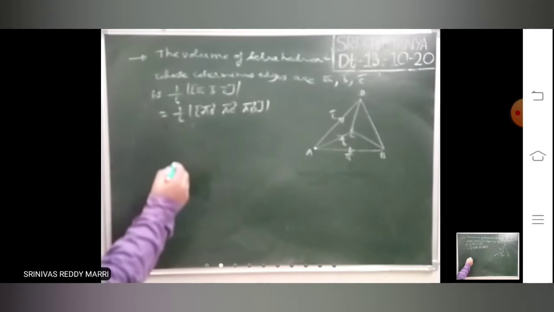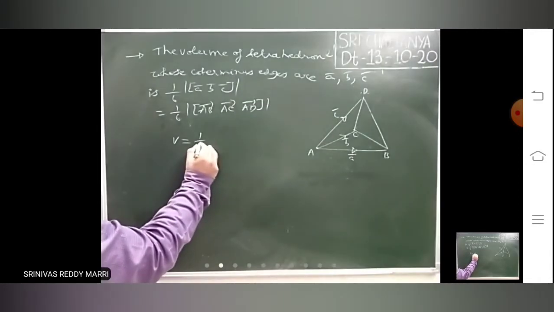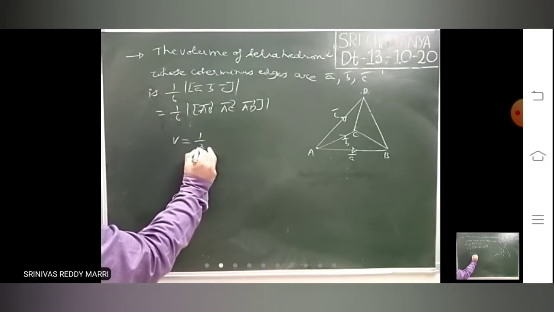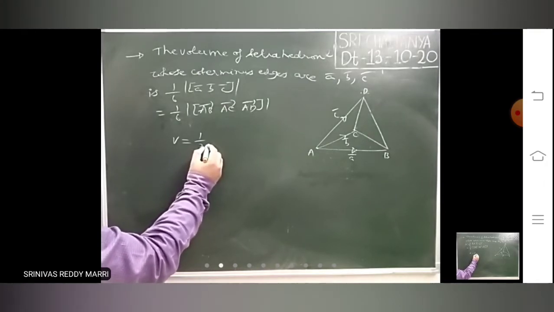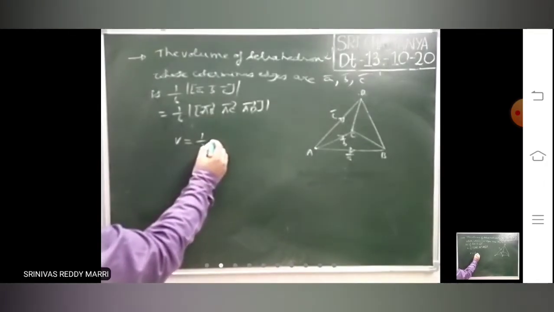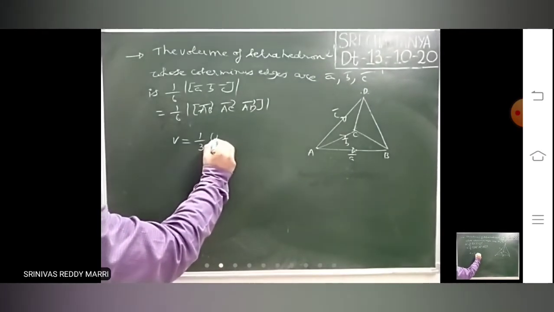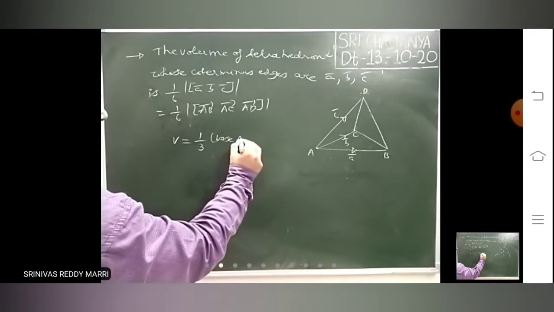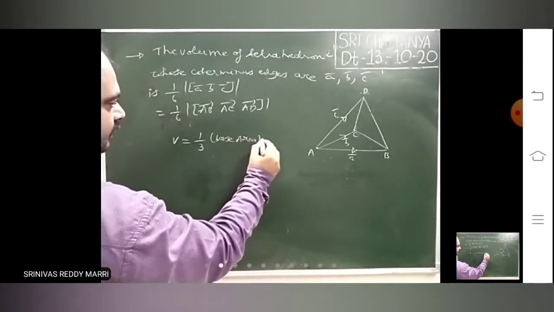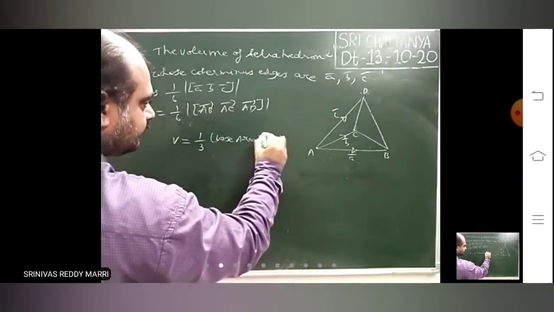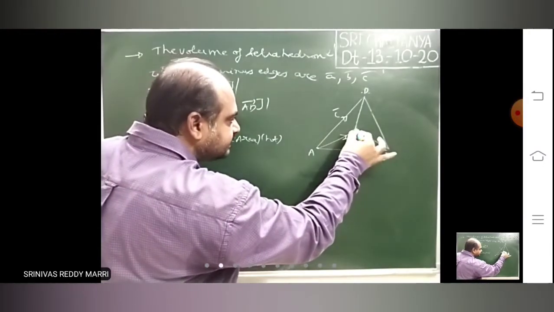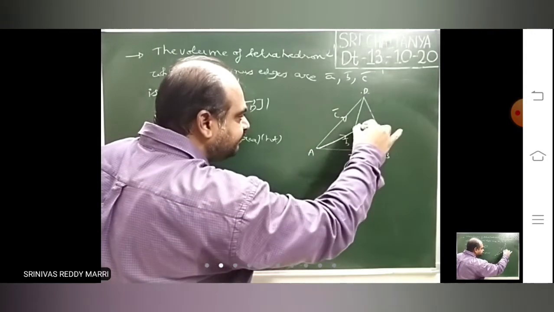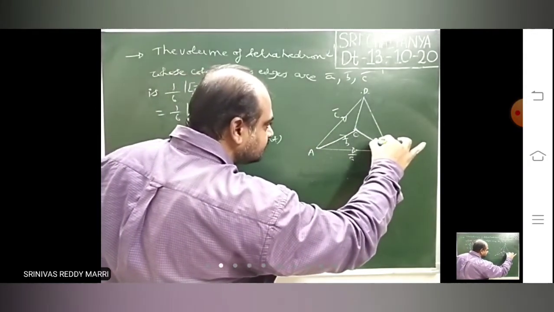Look here, volume is 1/3 base area into height. Take this as base, ACB as base, because on the board it is visible now.